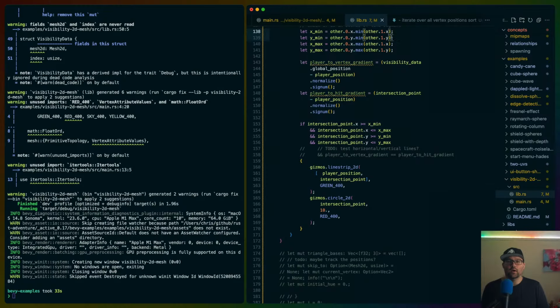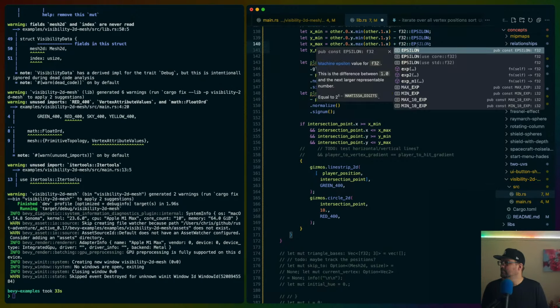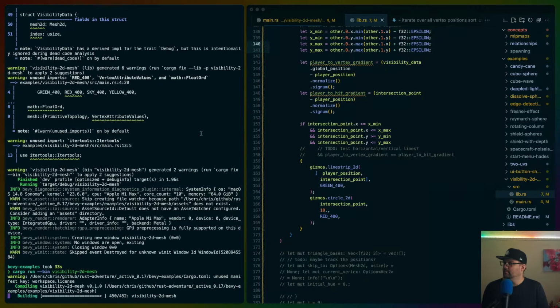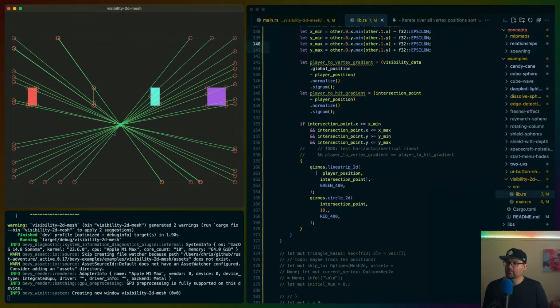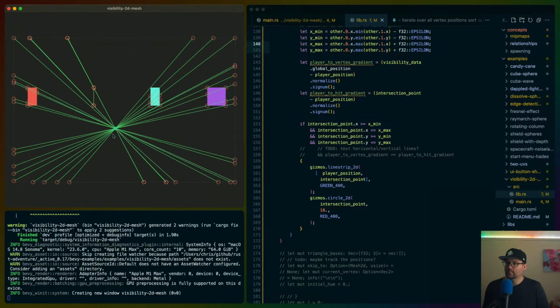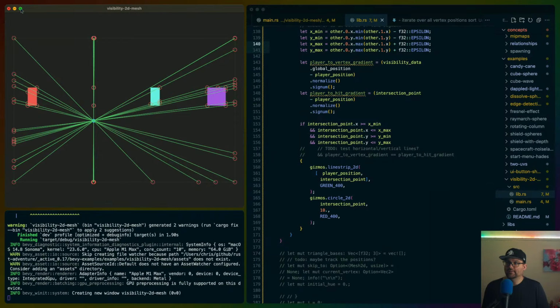Epsilon is okay, or 1e-6, but you need to add abs if it can be negative. Yeah. Let's minus. And plus. And that stabilizes it.